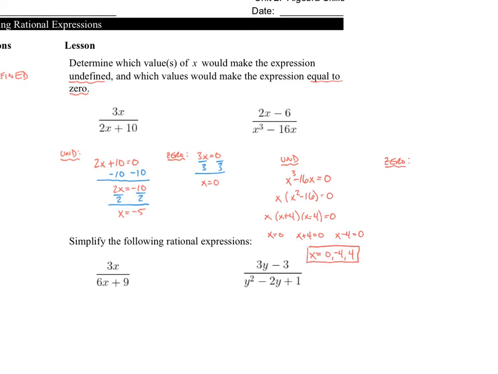All right, let's do the same thing for when x is equal to 0. So it's equal to 0 if 2x minus 6 is 0. And we'll do this one together because it's pretty quick.